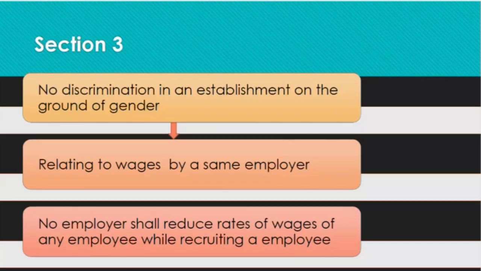So based on that, even though they are placed in the same cadre, their salaries will be different. But their wages, minimum wages will be the same. That is basic, DA will be the same. Basic plus DA plus retention allowance, cash value of food concession. Retention allowance and cash value of food concessions you will not see in private sector. That is mostly seen in factories. So basic plus DA will be the same.